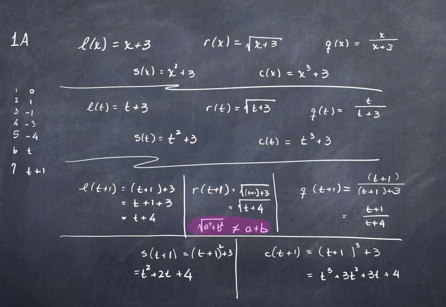Okay, at this point, I'm going to give you a different expression to try plugging in. So number 8 is to evaluate all of these functions for t minus 1. So I'm going to erase a little bit here. My eraser tool's not working the way I want it to.